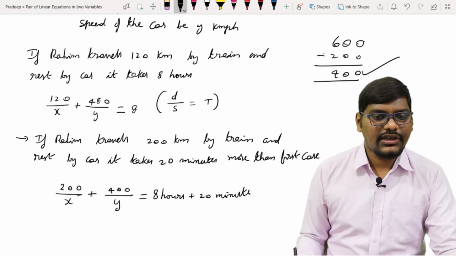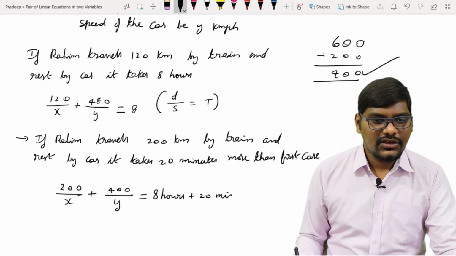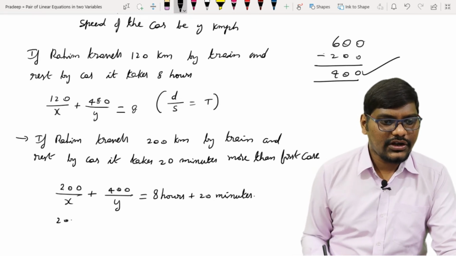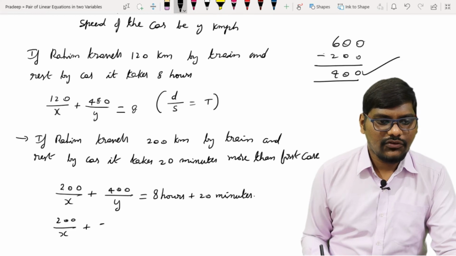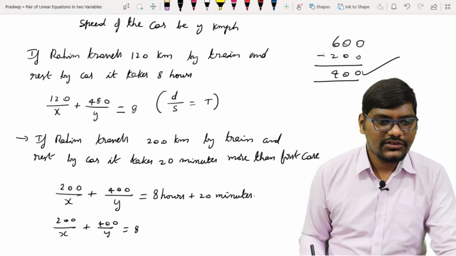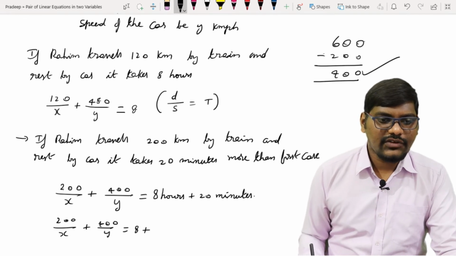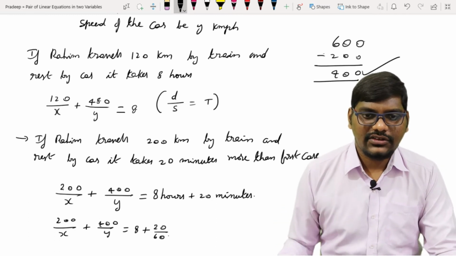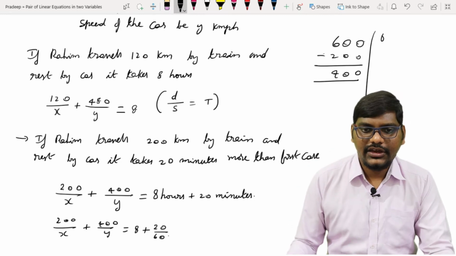So we'll just simplify these particular things. Okay, so this I can write 200 by x plus 400 by y equal to, this is 8 plus, this is 20 minutes means we have to convert into hours, so I can write 20 by 60. So we'll just solve this further, that is I'll just do here, that is 8 plus 20 by 60 is the value, right?